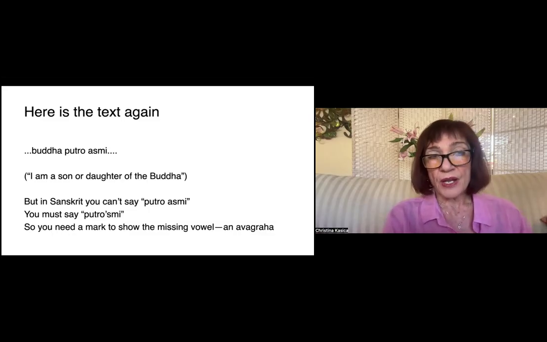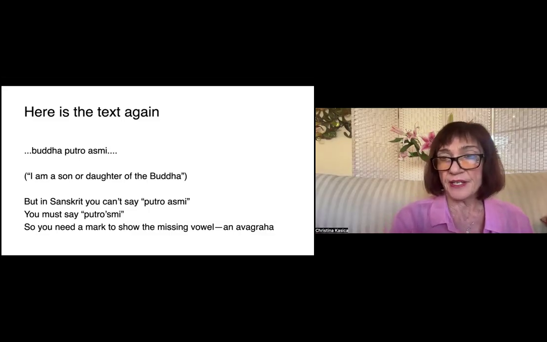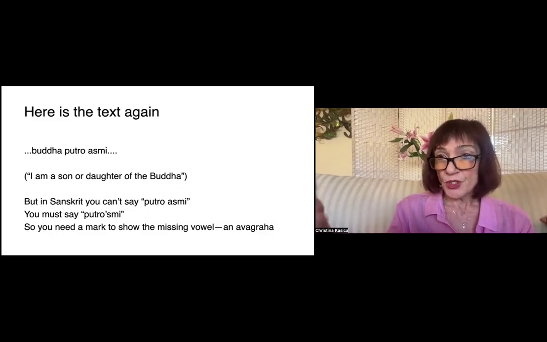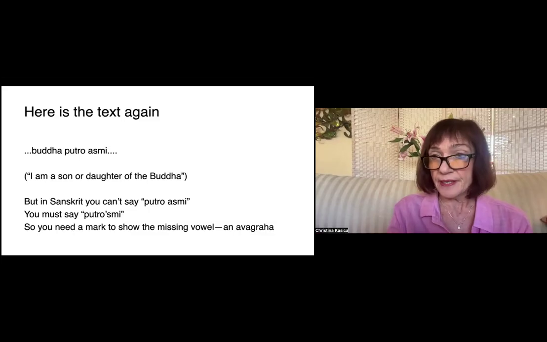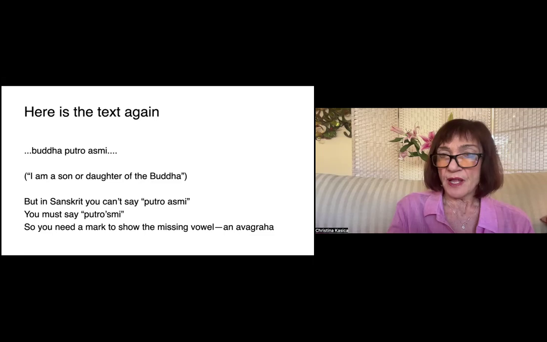And you need a mark to show the missing vowel, an avagraha. If you didn't know this, it would be very hard to find us in that line. So this will help us get used to how the language changes, how it's written, depending on how it sounds. So let's take the next slide.